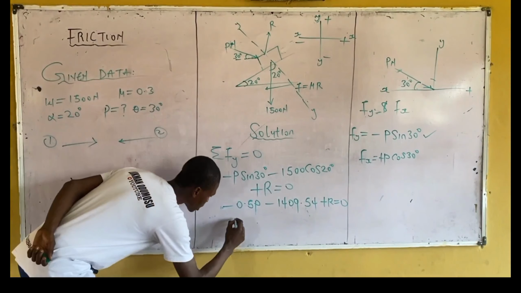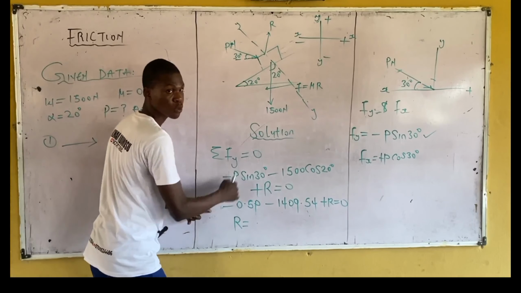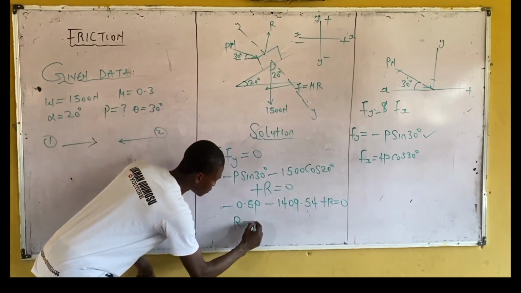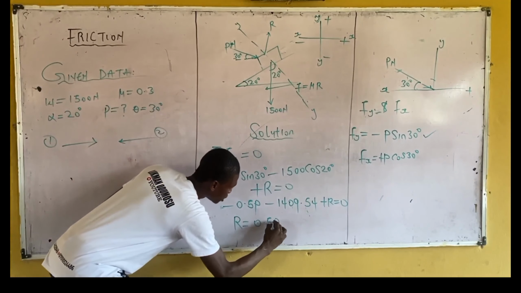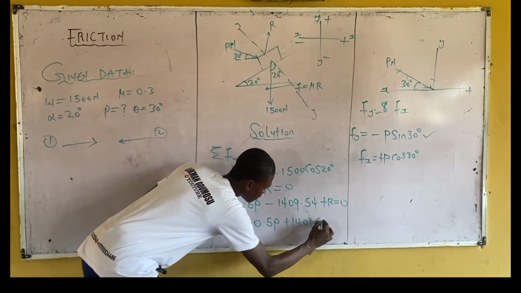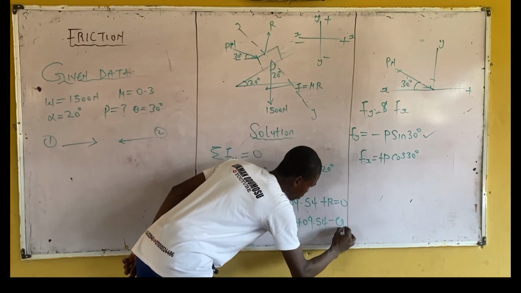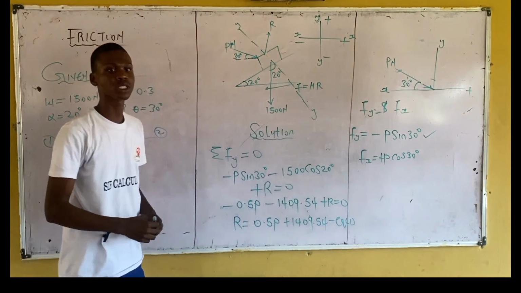Then it becomes R is equal to, of course, the negative sign will go to the other side: positive 0.5P plus 1409.54. This is equation 1.